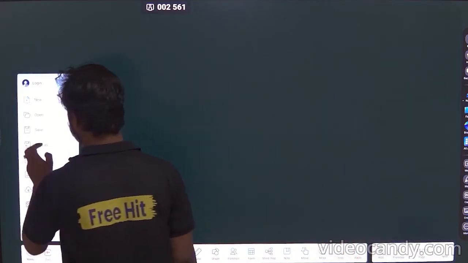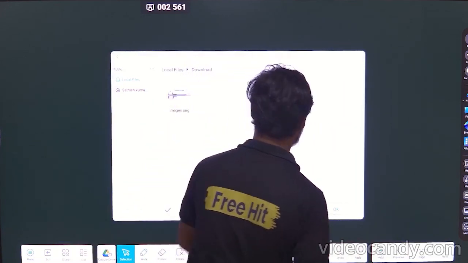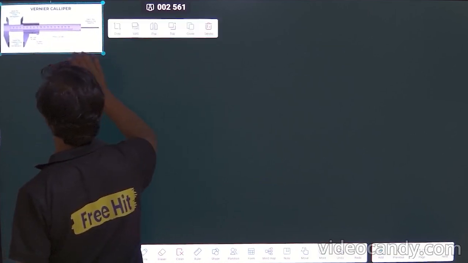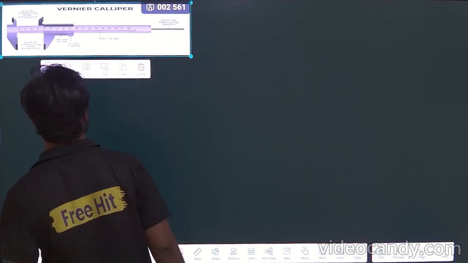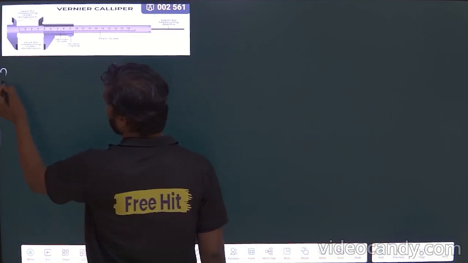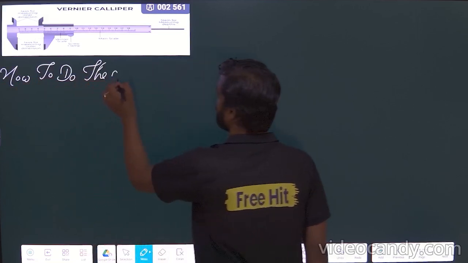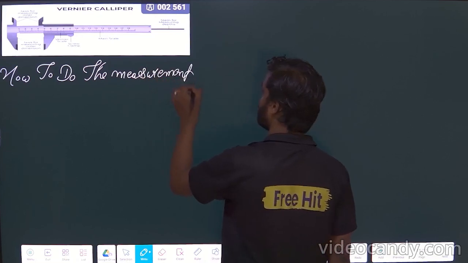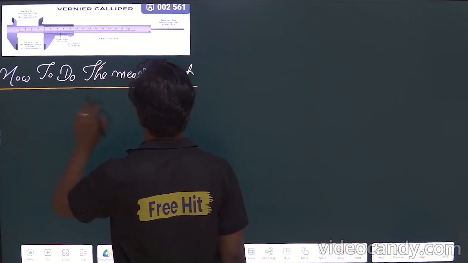Okay, let me import this much and download. Okay, yeah, so let's see how to do the measurement with this. Now how to do the measurement. That is our next approach. How to do the measurement. Clear?